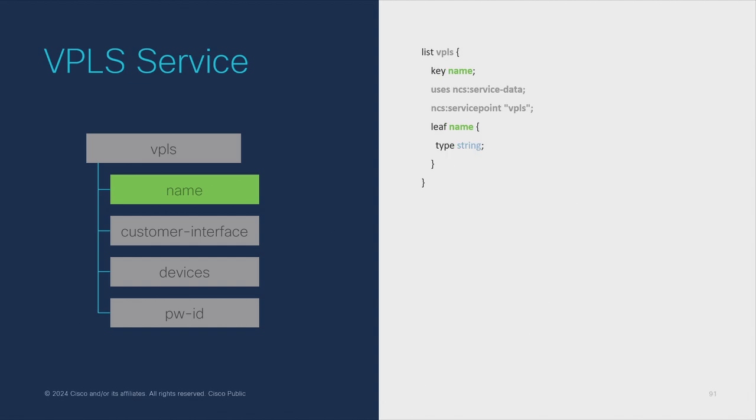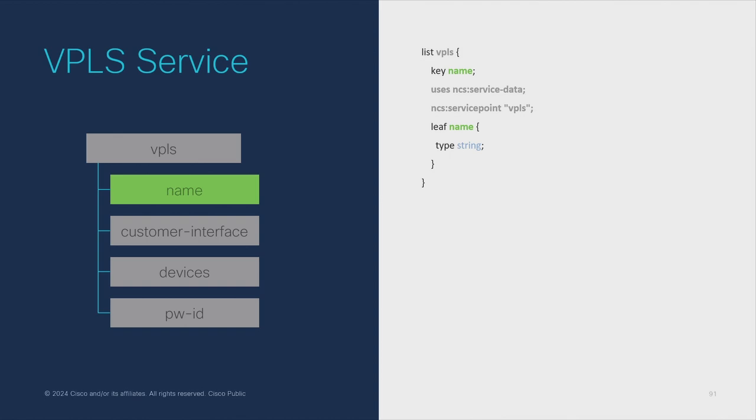The main thing is the service point, this VPLS, so when we create our template, it'll have a matching service point, and that's what is executed. And then we need this uses statement here, just so NSO can store the extra data it needs for the service, internal stuff like the devices it's modifying and plan data, etc.